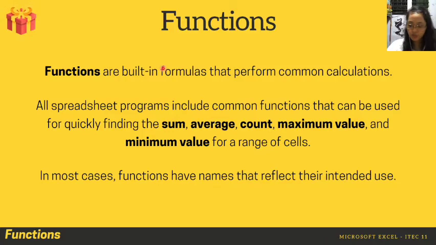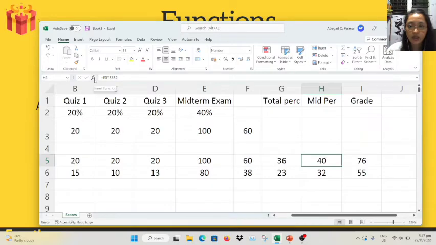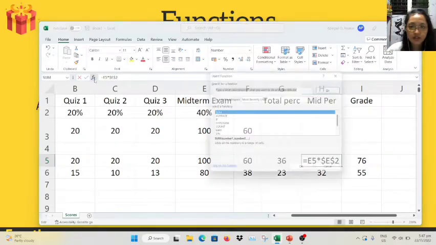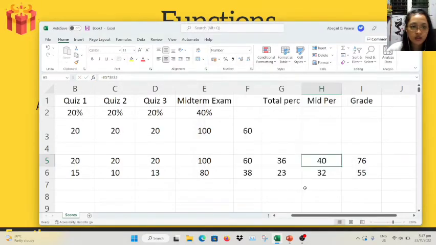So we move on to functions. Okay. Functions are built-in formulas that perform common calculations. So all spreadsheet programs include common functions that can be used for quickly finding the sum. We have the examples of function here. Let's go here. So we click this one to see the functions.